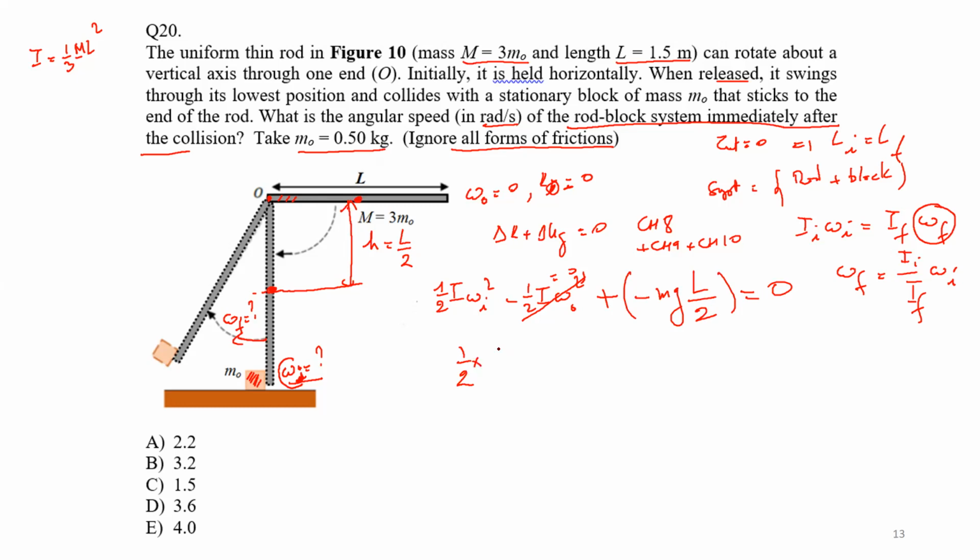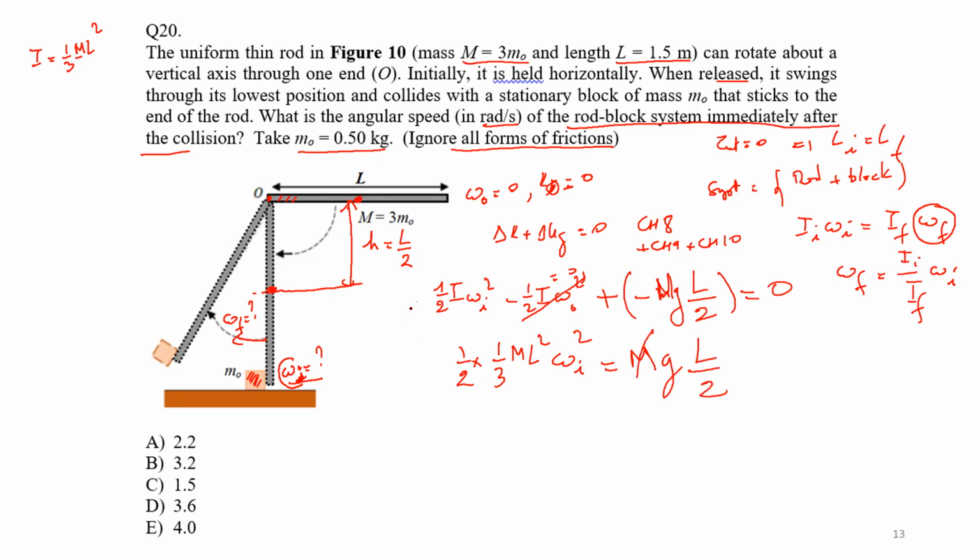So I will have half I, but I is 1/3 of ML square, multiplied by omega initial square. Omega initial is the omega when my rod is at the lowest point. So this will be equal to M, of course here is capital M because it's the mass of the rod, g L divided by 2.